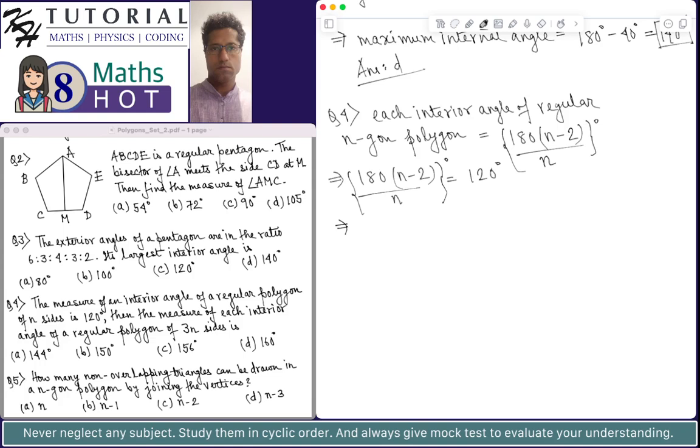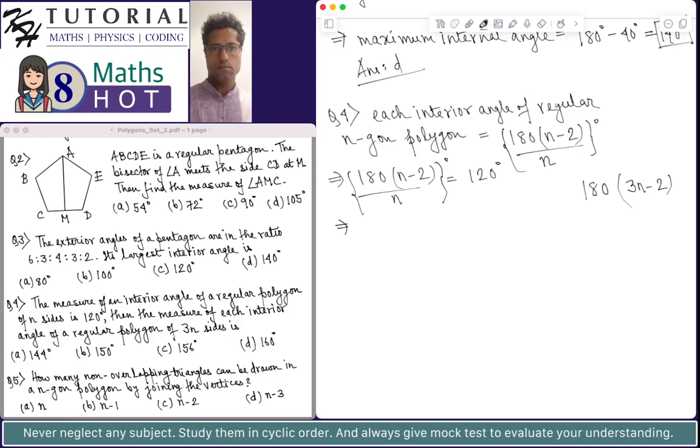I was just wondering, do we need to actually find the value of n? Without using the value of n, can we find the value of each interior angle for a regular polygon of 3n sides? For a regular polygon of 3n sides, each interior angle will be 180 multiplied by (3n minus 2) divided by 3n, since now the number of sides is 3n.